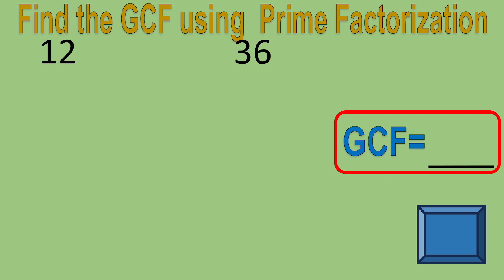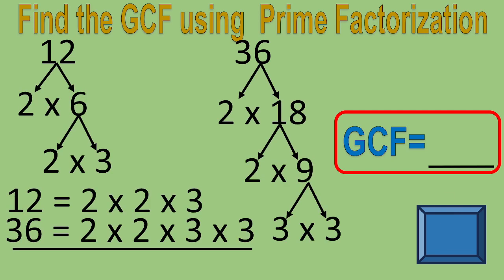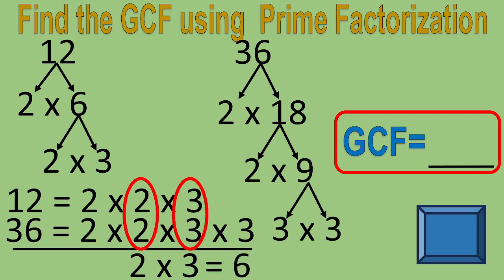Next, 12 and 36. Time's up. The common prime factors are 2 and 3. So, 2 times 3 equals 6.